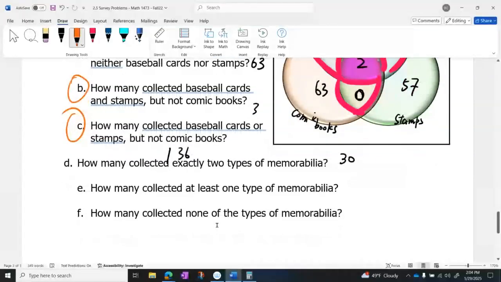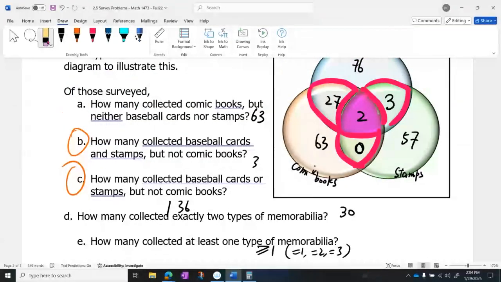Part E. How many collected at least one type of memorabilia? At least one includes exactly 1, exactly 2, exactly 3.